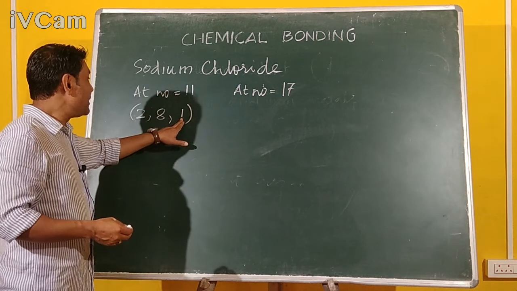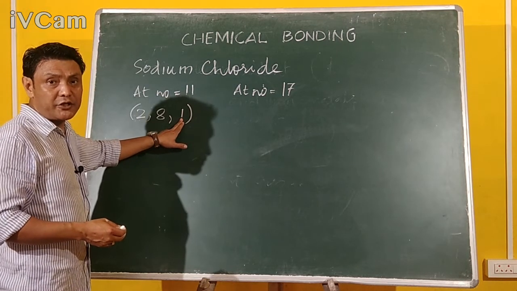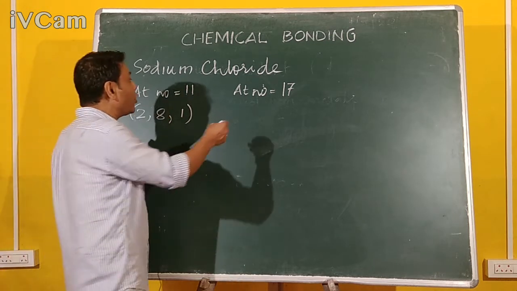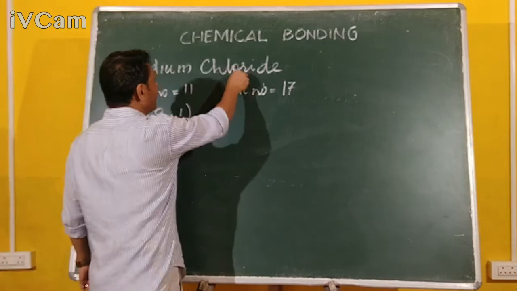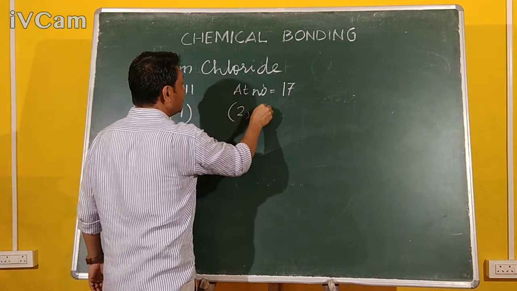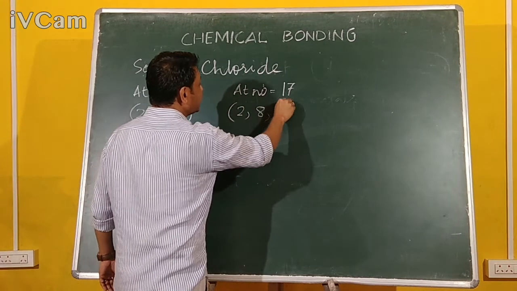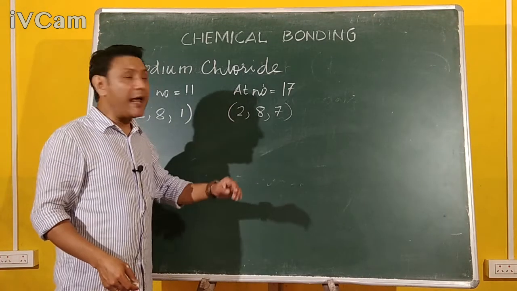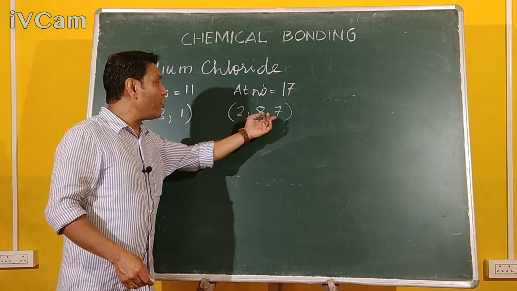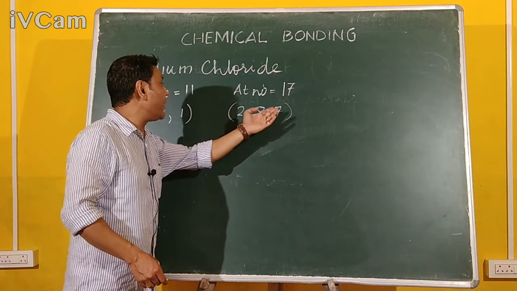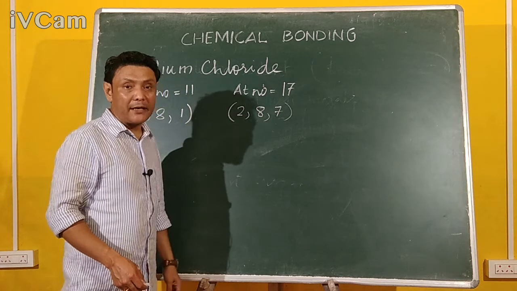Since sodium has 1 electron in the outermost shell, sodium is obviously a metal. Now chlorine, atomic number is 17. The electronic configuration is 2, 8, and 7. As I told you earlier, non-metals will have 5, 6, or 7 electrons in the outermost shell. So chlorine is a non-metal.